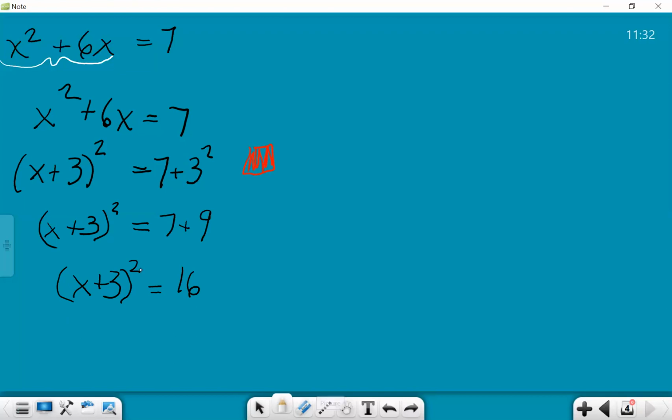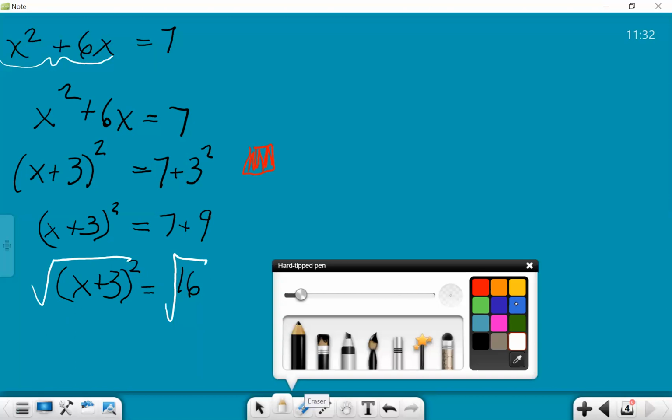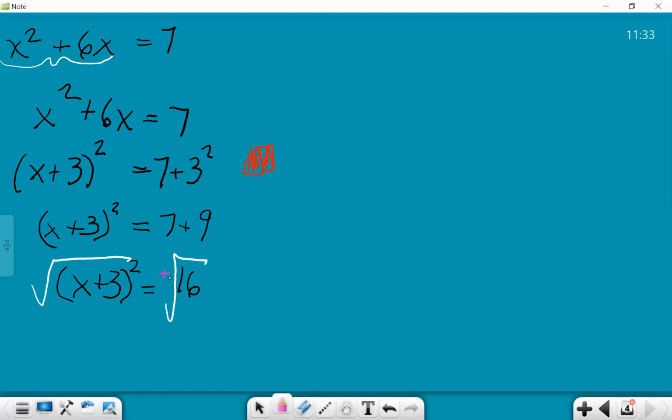So how do I get rid of a square? The square root property tells me just get rid of a square by using a square root. I will take the square root of both sides. And in an equation, whenever I take a square root, if you remember, I'm also going to put plus or minus.